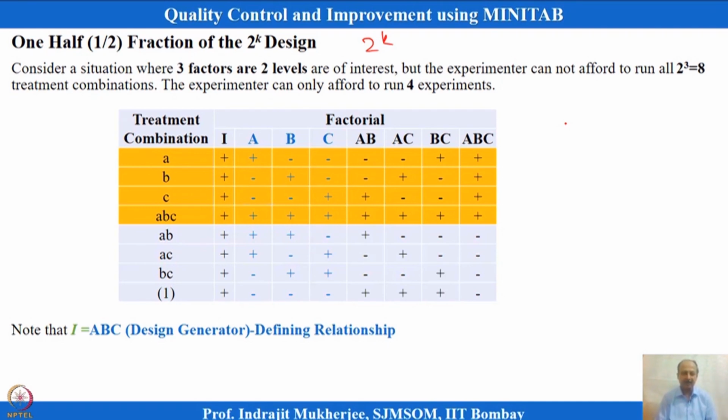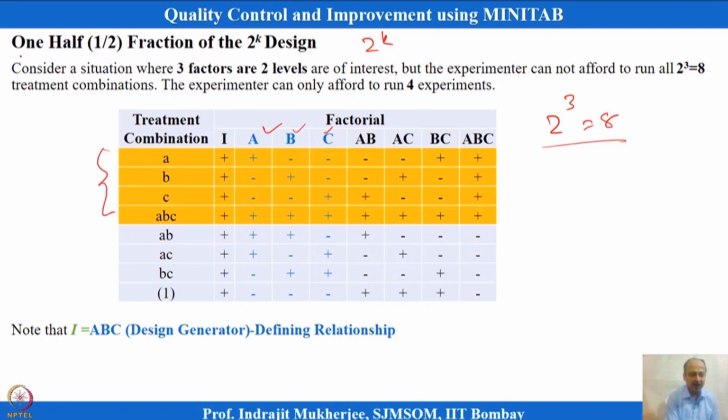In that case, in fractional factorial we will run only a part. So, let us say there is a 2 cube design with 3 factors A, B, C. If you are doing full factorial design, this is 2 cube, that is 8 experimental trials, but as an experimenter I am not interested in running the full trial, maybe because of economic constraints. I want to figure out which factors are important or not. So, I want to run only half of this trial.